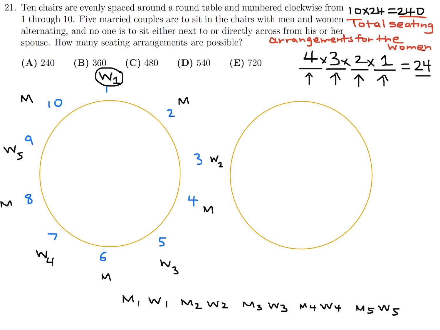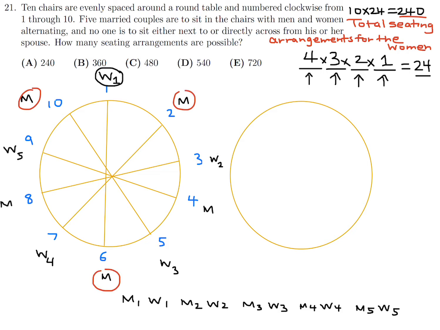A wife cannot sit beside her husband. And similarly, you can't sit across. As you can see, 6 is directly across from 1. So I drew lines in there to make it more obvious as to what is across. So where can M1 go? Can't go here, can't go here, can't go here.